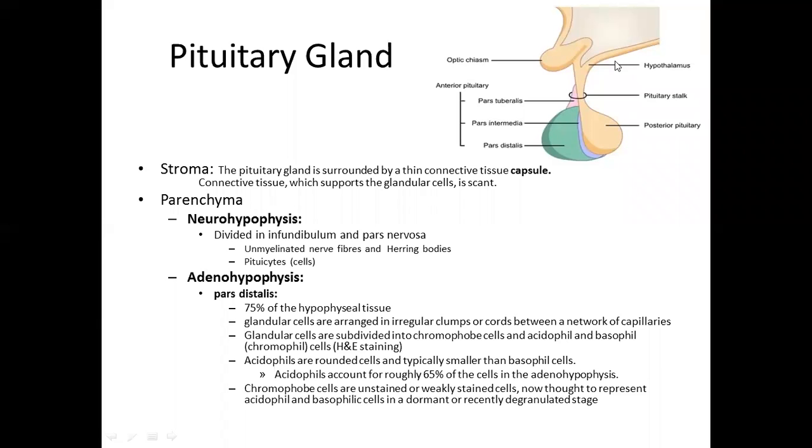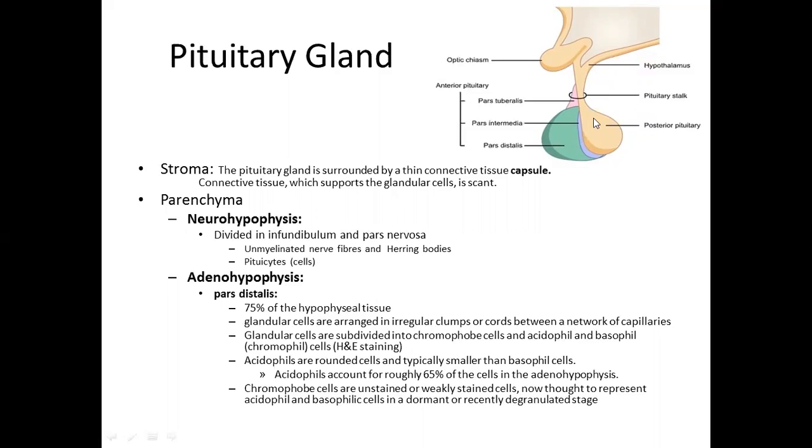We'll start with the neurohypophysis. The neurohypophysis is an extension of the brain tissue. There are secretory neurons present in the nuclei above the pituitary gland inside the hypothalamus. The non-myelinated axons of these neurons continue through the infundibular stalk and end at the pars nervosa of the posterior pituitary.